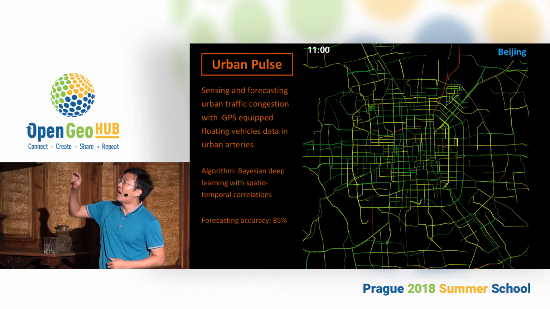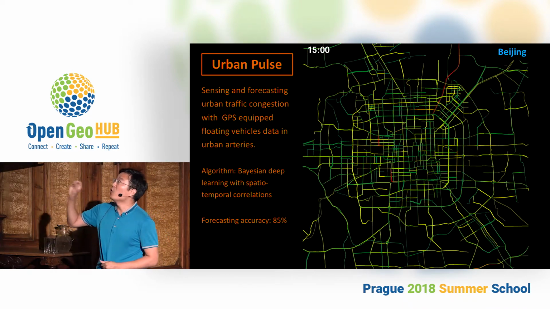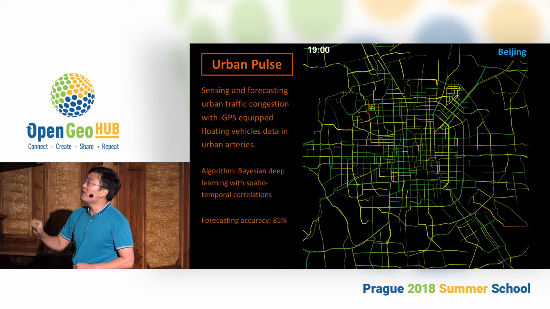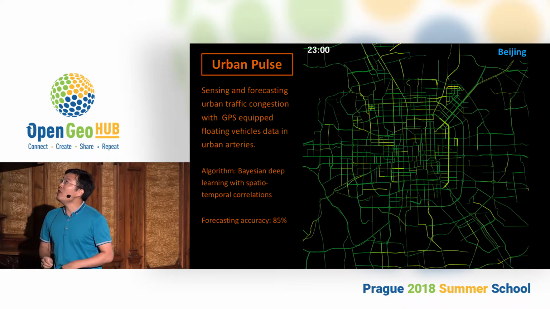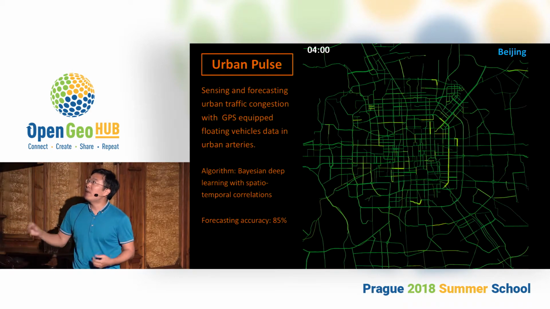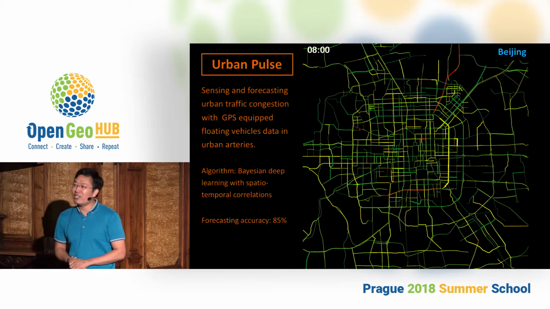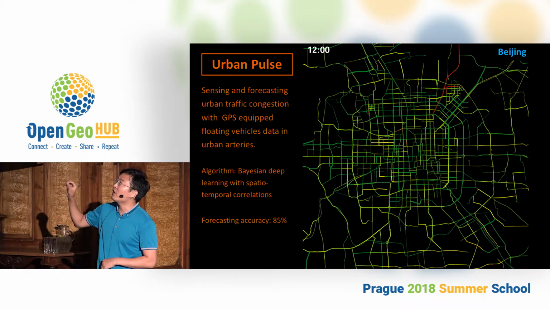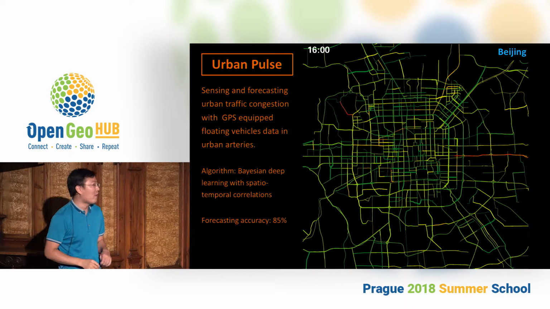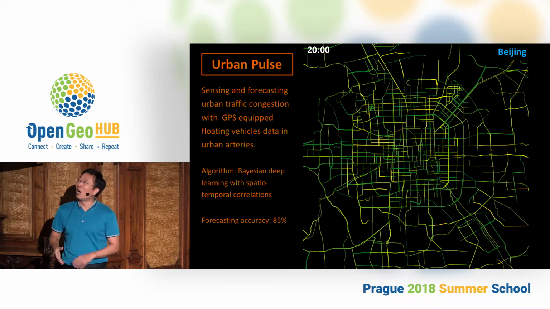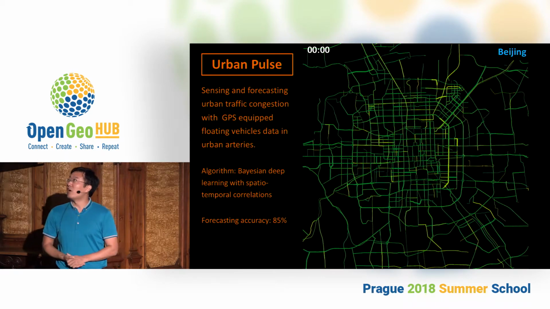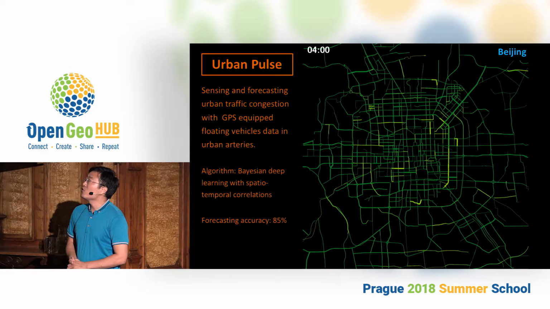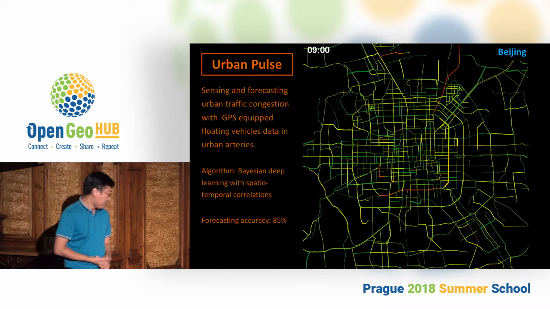We adopt a Bayesian model using this kind of deep learning method to incorporate the spatial temporal correlation to predict the traffic congestion in the next 5 minutes. The forecasting accuracy achieves more than 85%.